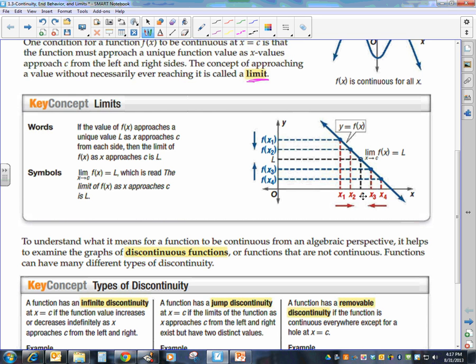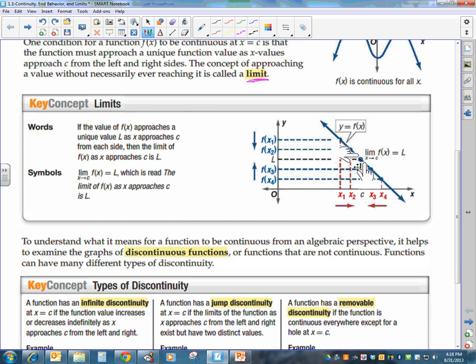Okay? We have a limit of a function if, no matter which side of the function you come from, you get closer and closer to that point. Now, the easiest way to think about that, I believe, is to use your fingers to trace the function. So if I'm coming from the left side of my function, I trace with my finger down to a point, and I use my right hand from the other side and trace with my finger to that point.